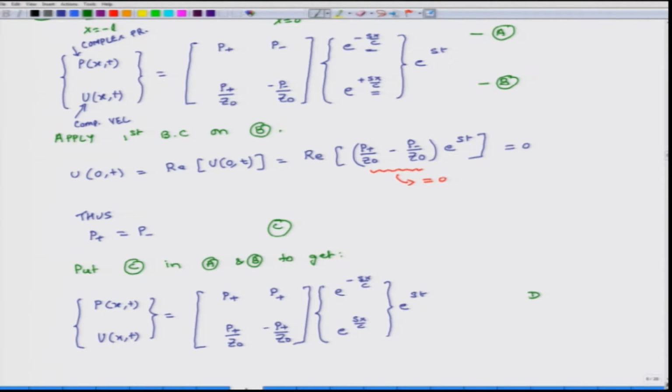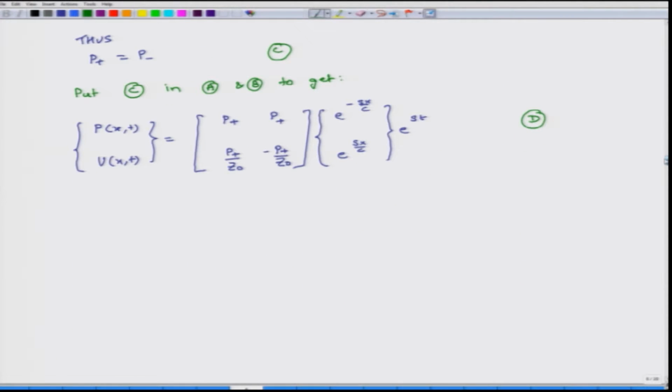So let us call this equation D. So, now we have eliminated one variable which is p plus or which is p negative, but we still have to figure out p plus, and that we will get once we implement the second boundary condition.